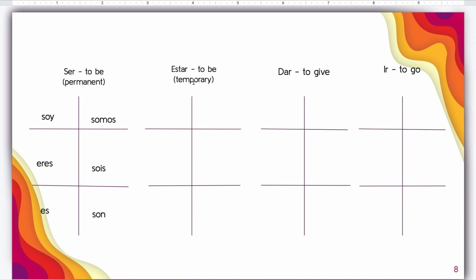Another good example of temporary is like if I ask you ¿Cómo estás? That is temporary because I'm asking you how you're feeling. Obviously, moods change, so tomorrow you could be not good. So that is the reason why we use estar instead of ser. If you ask ¿Cómo eres? Like how are you? Permanent, that means like how are you as a person or how are you physically?